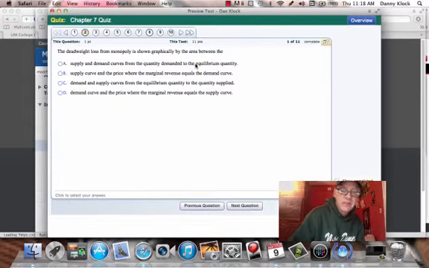The equilibrium quantity is where marginal revenue equals marginal cost, where it will sell at a higher price with a monopoly, between there and the quantity demanded. This A is the choice. But I'll go over what I'm going to ask you about monopolies on the test. These kind of questions I'm going to try to avoid.